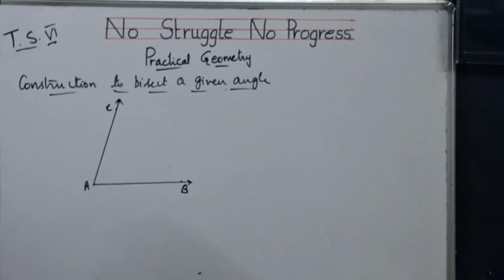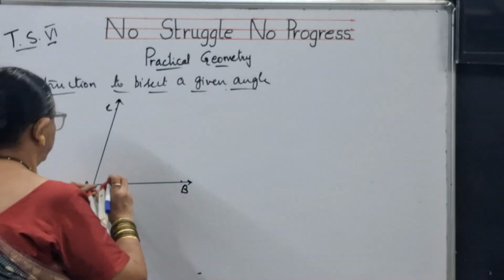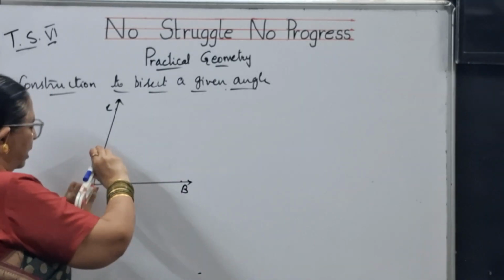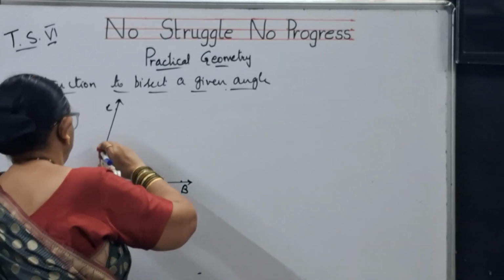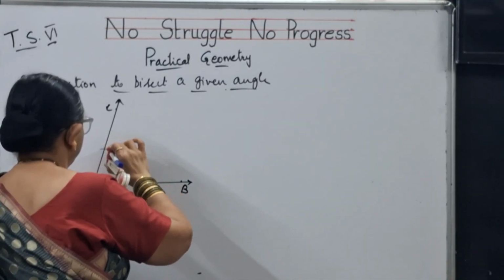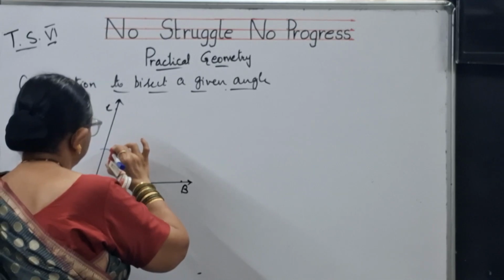For the bisector, you have to take A as a center with some radius and draw an arc like this.